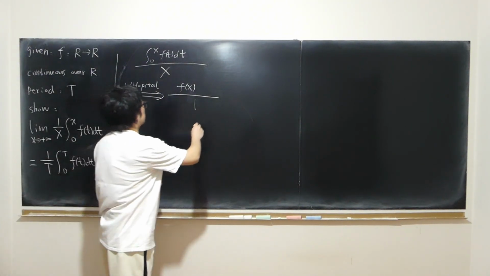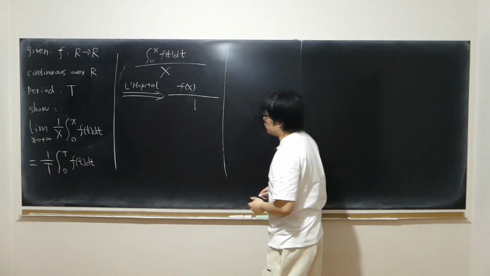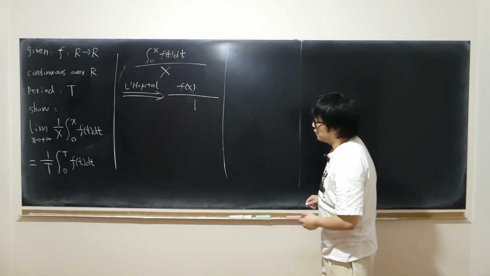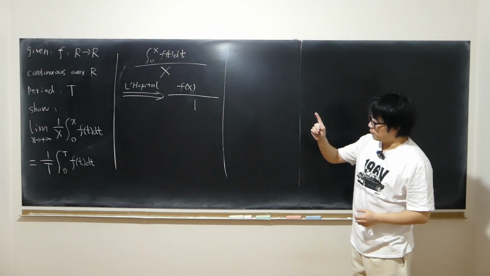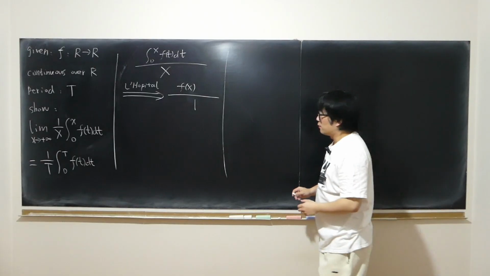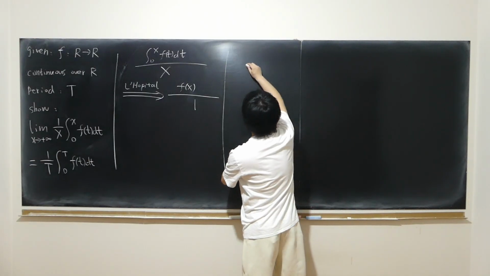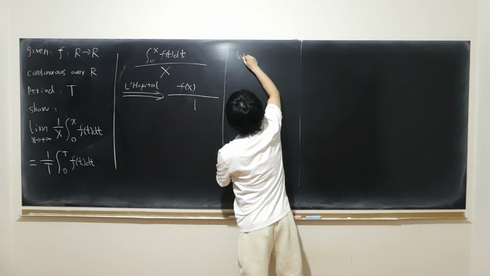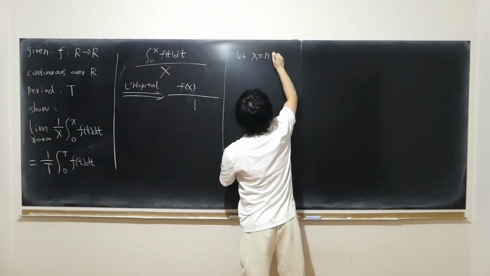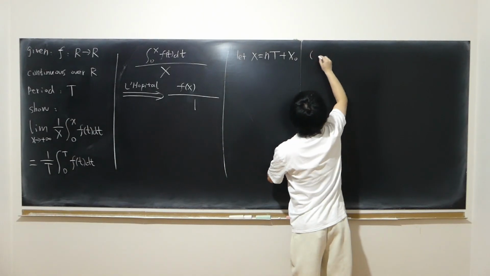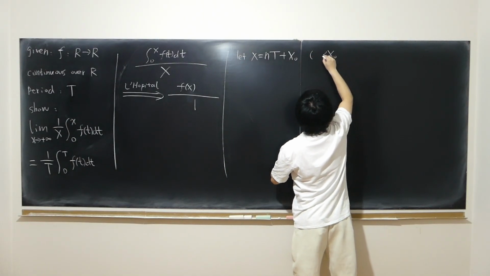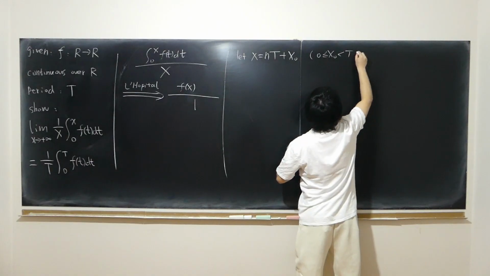So here's the way I found. First of all, x approaches positive infinity, and the function is periodic. We can say that as x becomes big enough, I can let x equal n times the period T plus x naught, where x naught is greater than 0 and less than T, the period.